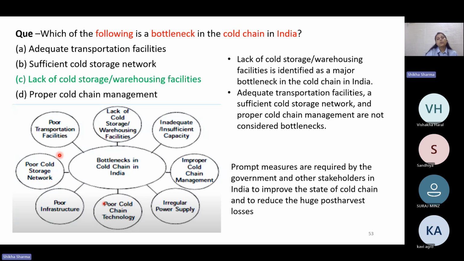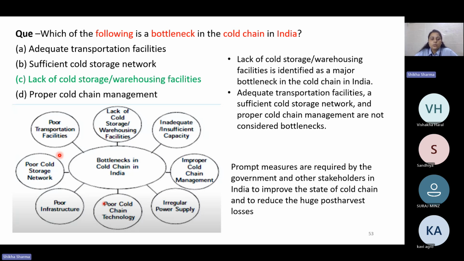When there is poor infrastructure, in India, what happens is that a fruit may be at low temperature at the farm, and when it is being shifted, maybe not in a refrigerated van. Because of that, there may be fluctuation of temperature or temperature abuse, which can lead to chilling injury in fruits.